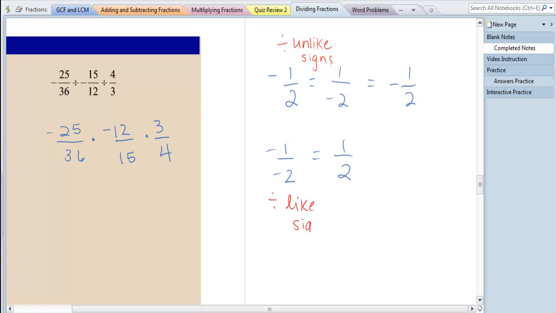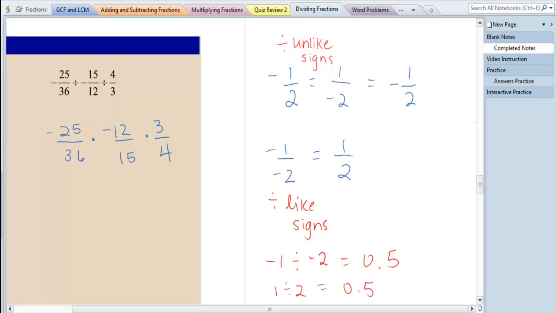And when you have the same signs and you divide, what is the sign of your answer? It's always positive, right? So -1 over -2 is the same thing as -1 divided by -2. And that's going to give you 0.5, just like 1 divided by 2 would give you 0.5. Same signs give you a positive with division. Different signs give you a negative with division.